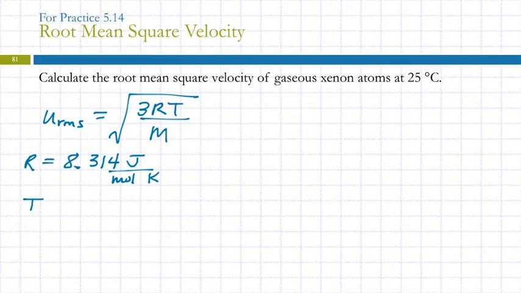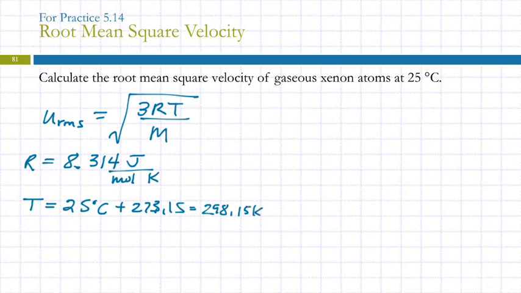The temperature needs to be in Kelvin. It's 25 degrees Celsius, so we'll convert that to Kelvin and get 298.15 Kelvin.